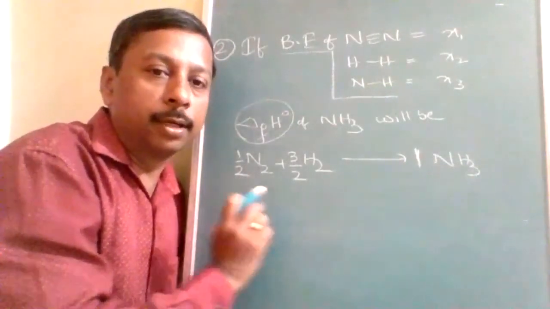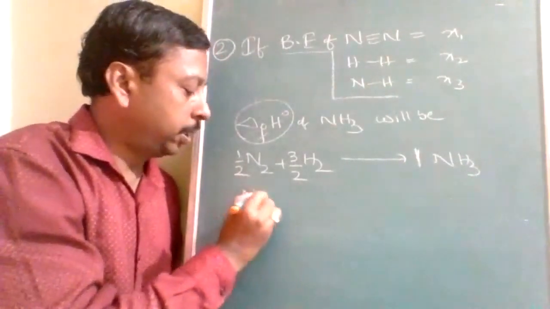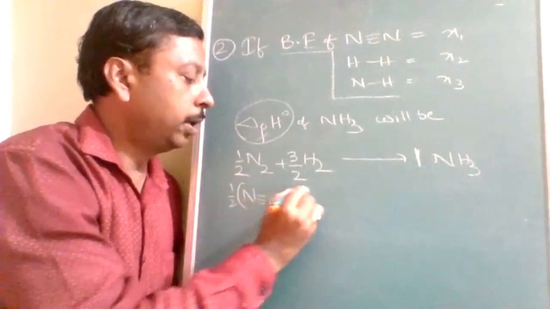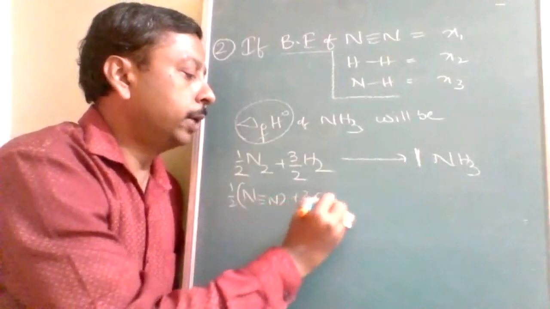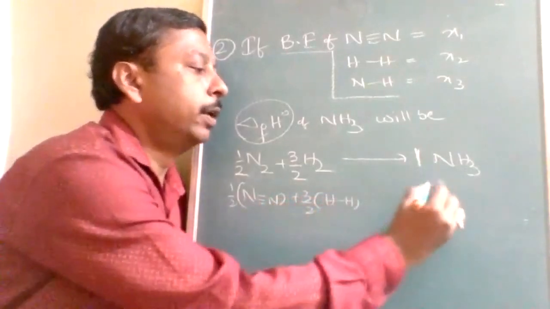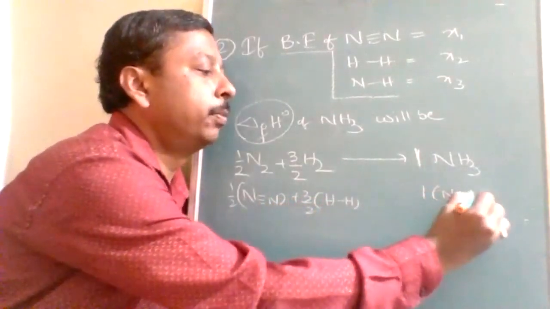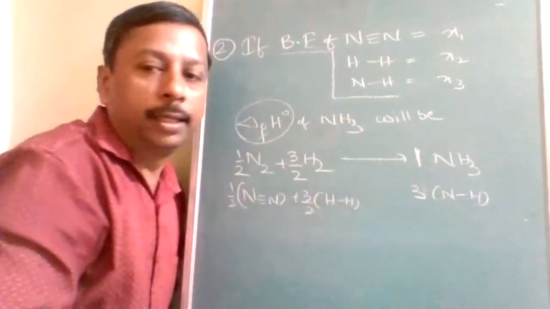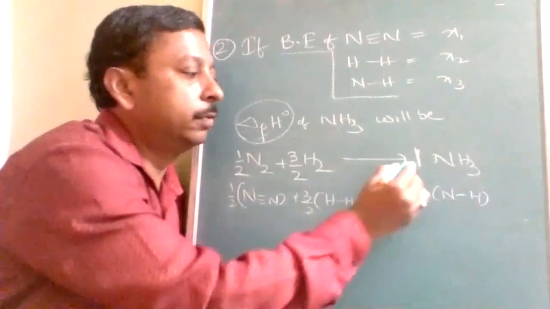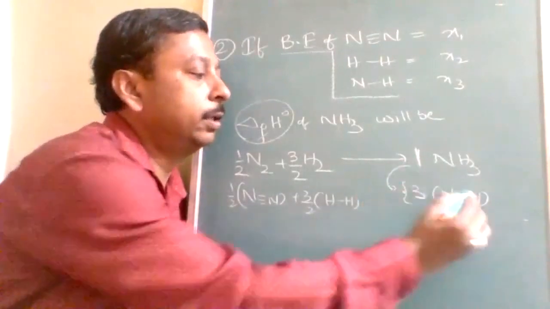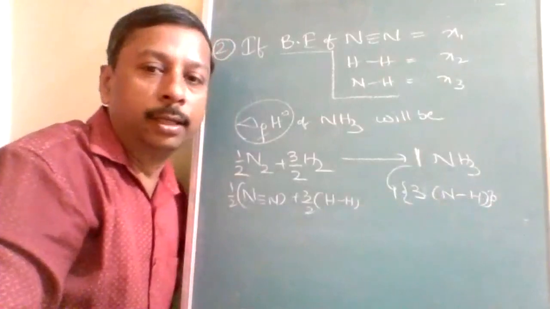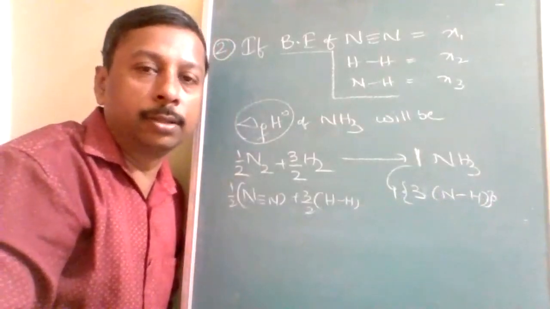Reactant minus product. So here N triple bond N: half of N triple bond N and 3 by 2 H single bond H on the reactant side, 1 into N triple bond, 3 into N single bond H on the product side. Why this 3? This is 1 mole, but in that 1 mole you have 3 nitrogen-hydrogen bonds.